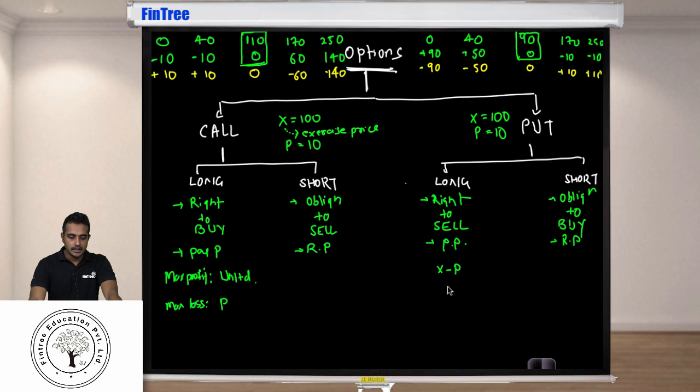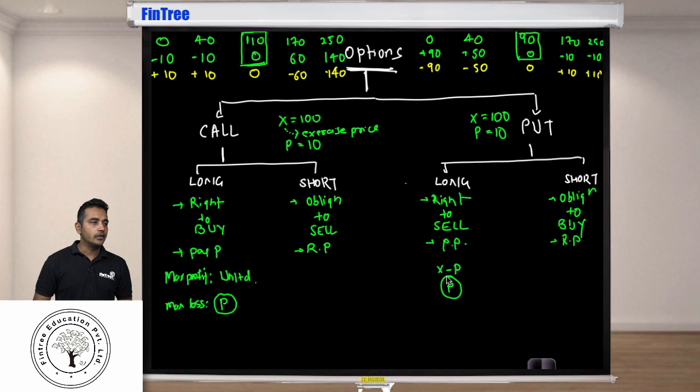Premium. So now remember this, when you're on the long side, you're never going to lose more than the premium. In the worst case, if things go wrong, that entire premium is lost, but you would never lose more than that. And the moment you have this, then we know the profit of this person is the loss of this person.